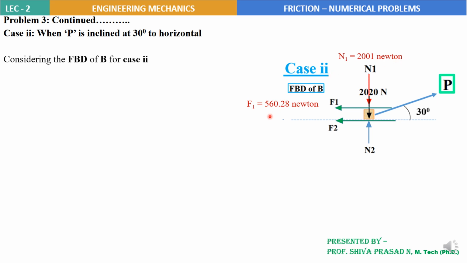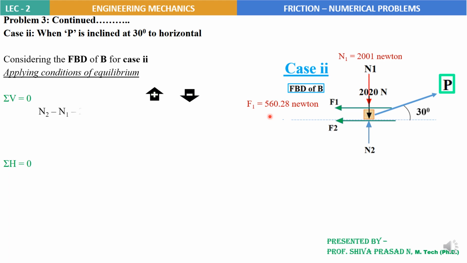So considering the FBD of B for case 2, that is P inclined at 30 degrees. Applying conditions of equilibrium, sigma V equal to 0 and sigma H equal to 0. Sign conventions for sigma V equal to 0: upside positive, downward negative.